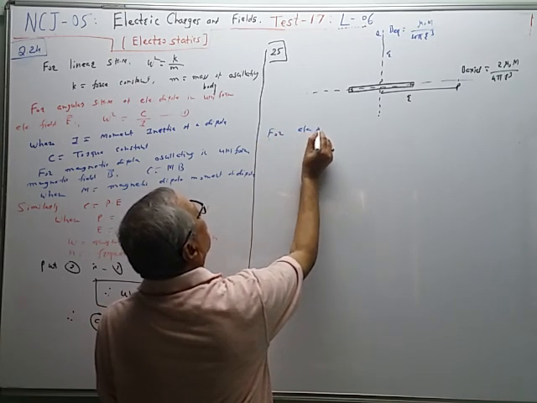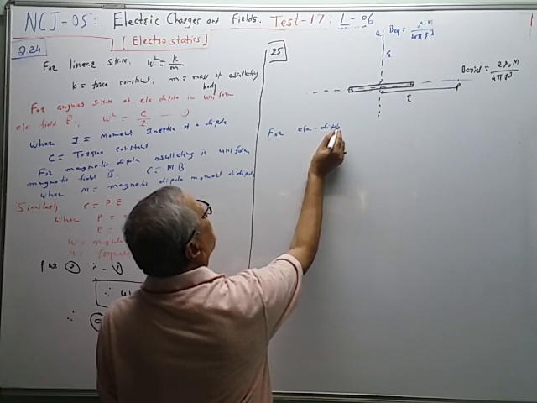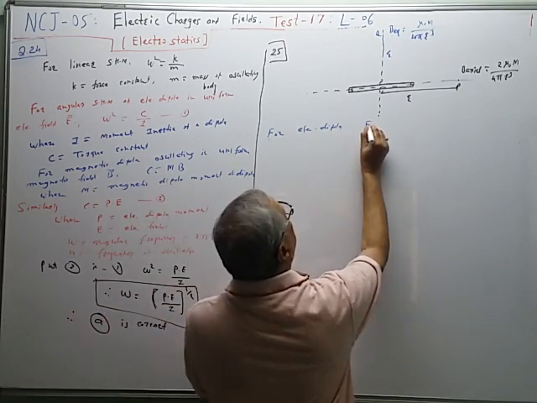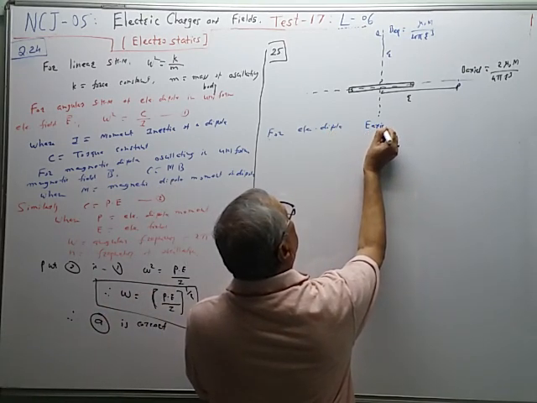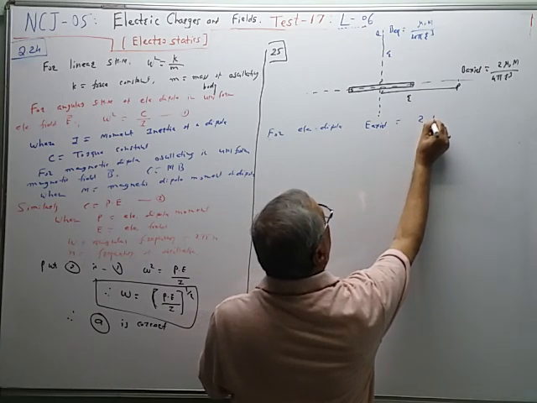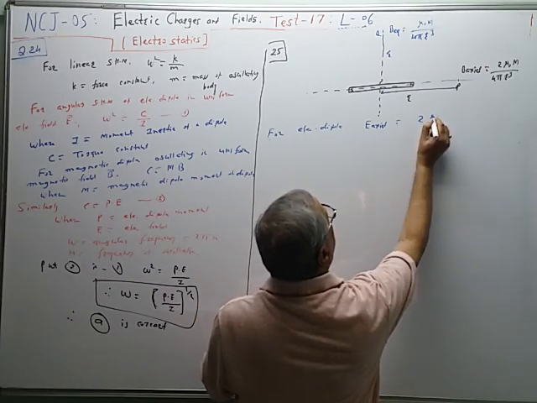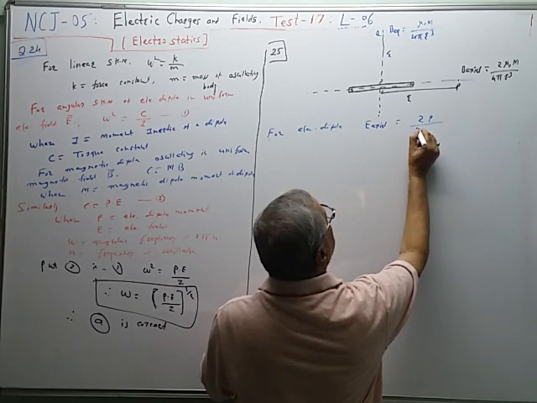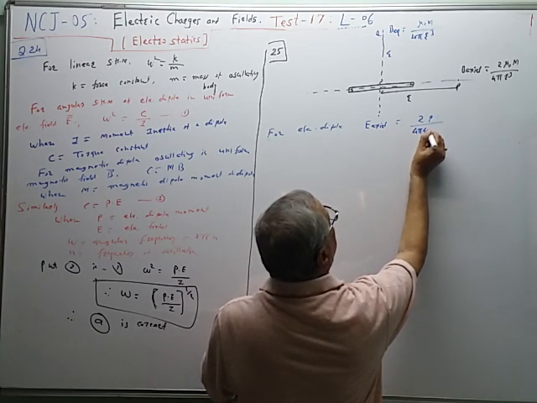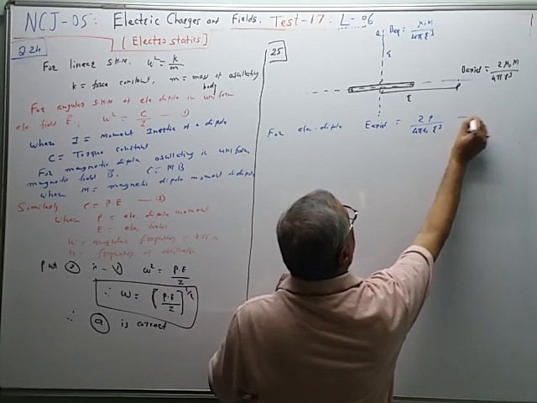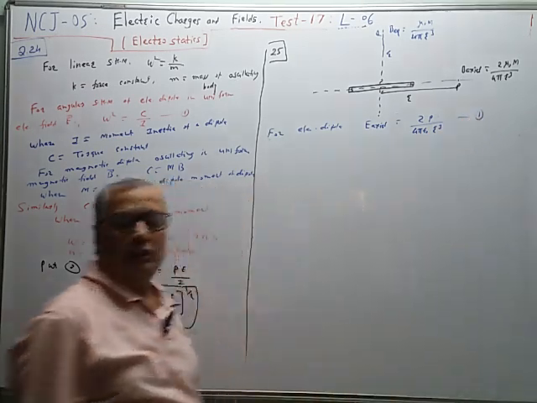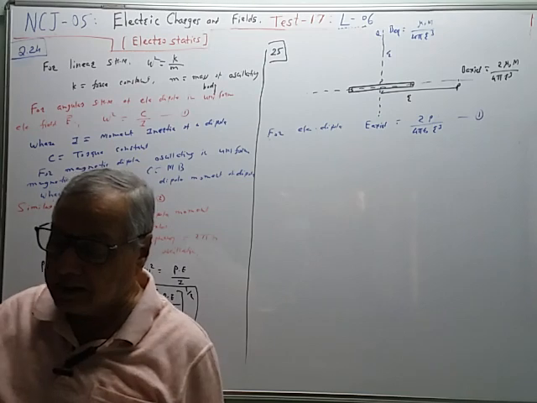For electric dipole, E axial is equal to 2 times P, mu 0 is replaced by epsilon naught, 4 pi epsilon naught r cube. This is equation 1. This is the value of the axial electric field.